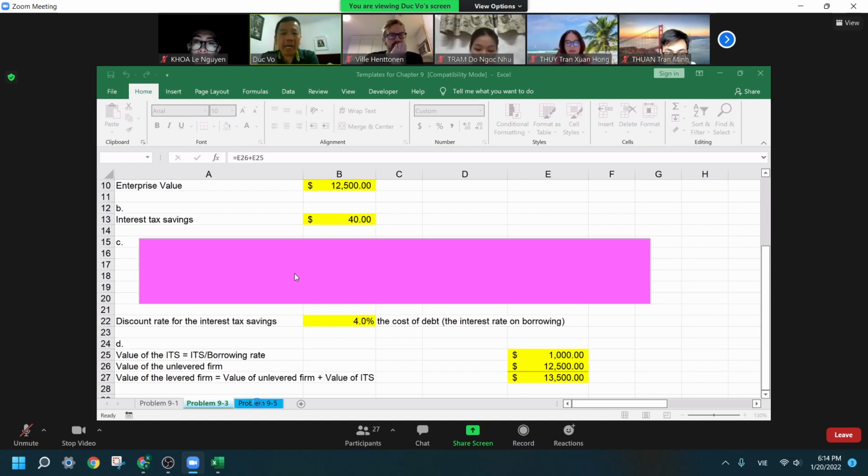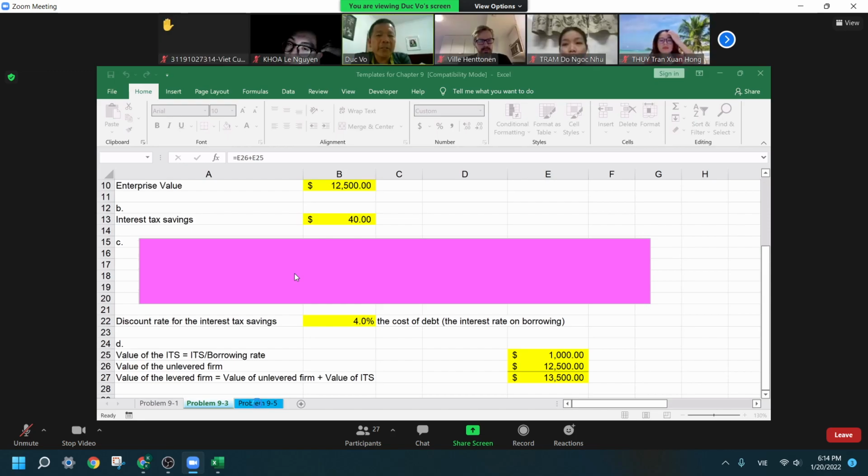Okay. So as I say, the enterprise valuation will provide you the opportunity to do the valuation for the whole company. And when you talk about valuation for the company, we just need to estimate the present value of all the expected future free cash flow using the appropriate discount rate.